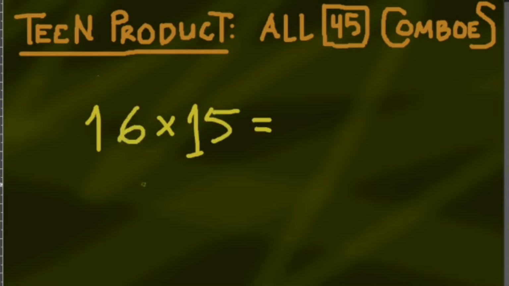Then 16 times 15. This becomes 0 at the end. 16 plus 5 is 21. 21 plus 3 is 24. Then 240.